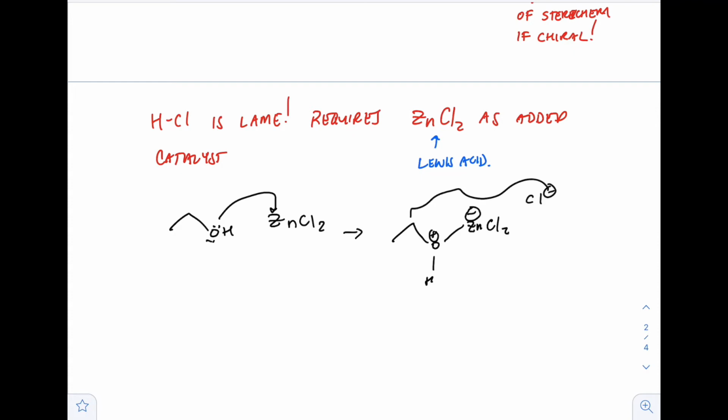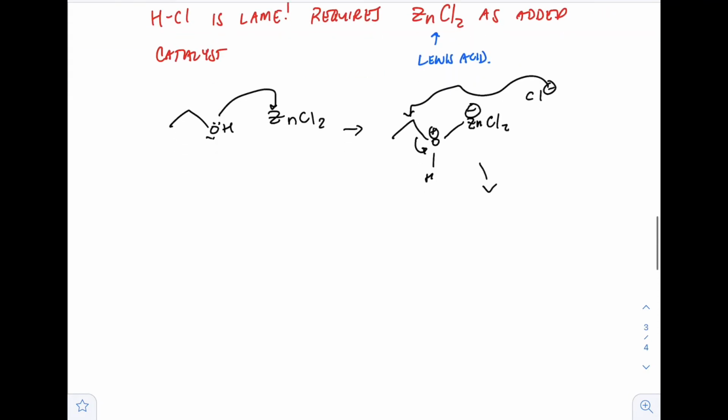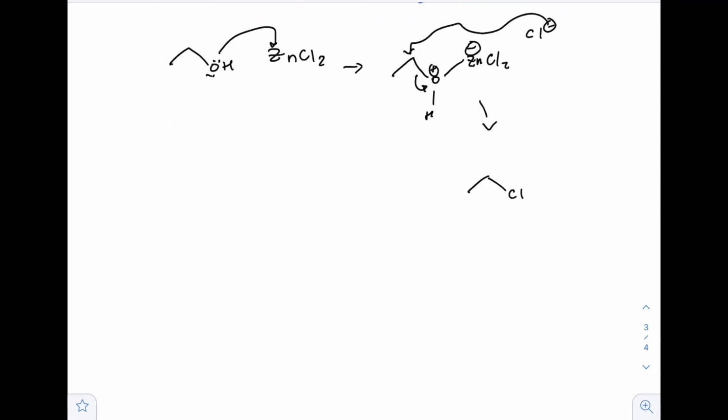Now, what we want to do is backside attack with the chloride and force that to leave. What we get is the same product, but we also have just a different leaving group. This is zinc chloride with the OH on there and a negative charge.